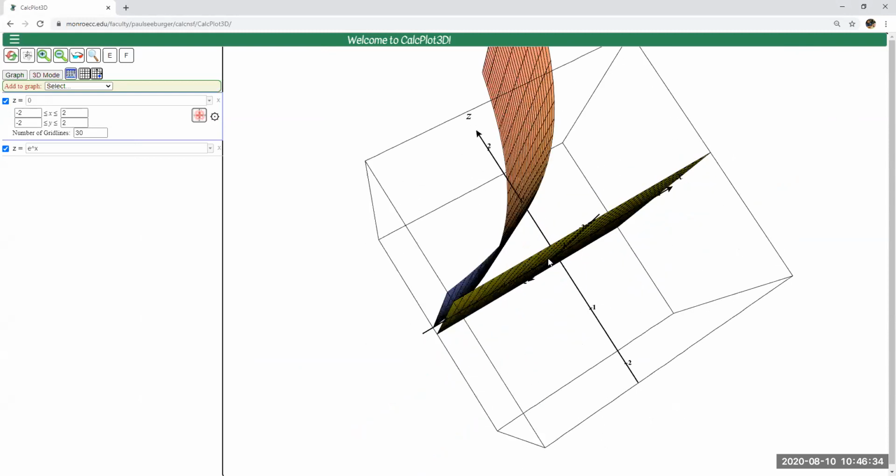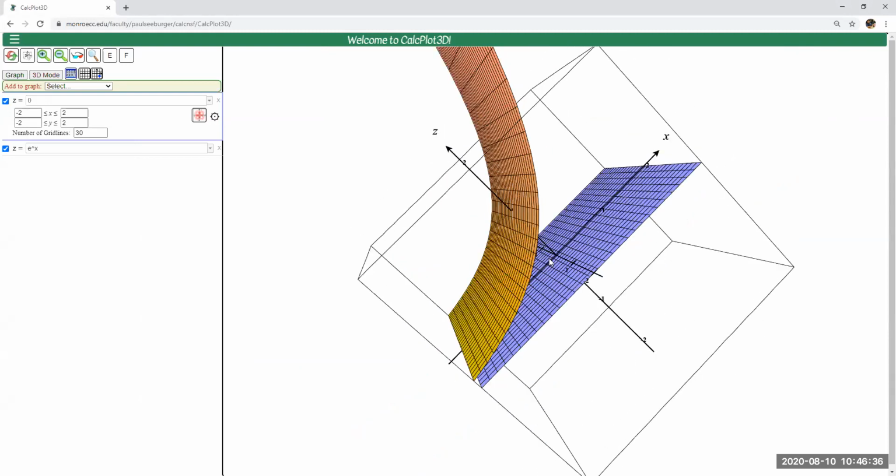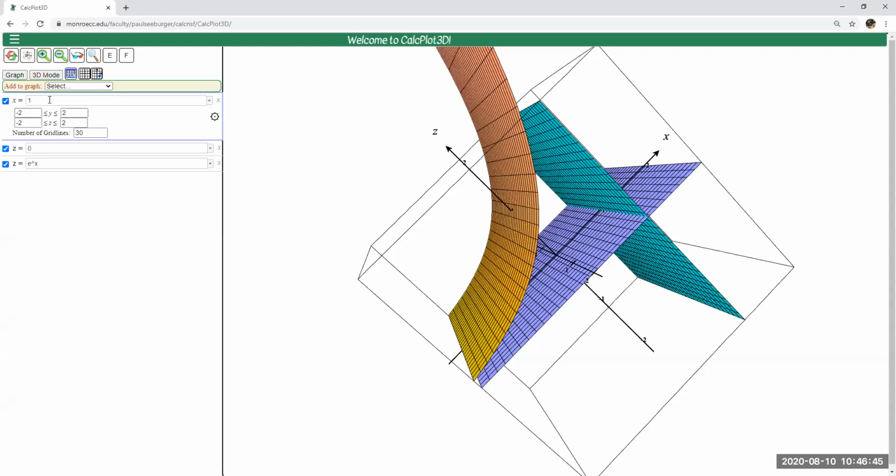You see there are two of them now. And then we have another one, x equal to 1. That's one of them. We have another one, x equals 0. That's another one.